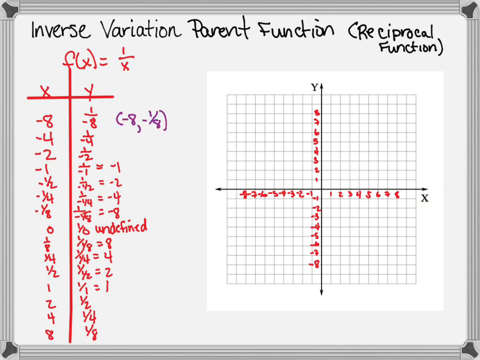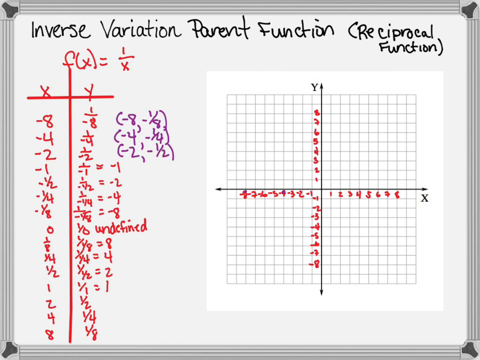Our first point or coordinate is -8, -1/8, which is right below the x-axis. It's very close to the x-axis, but not touching it. And we've got the point -4, -1/4, which is also right below the x-axis, but a little bit farther away.